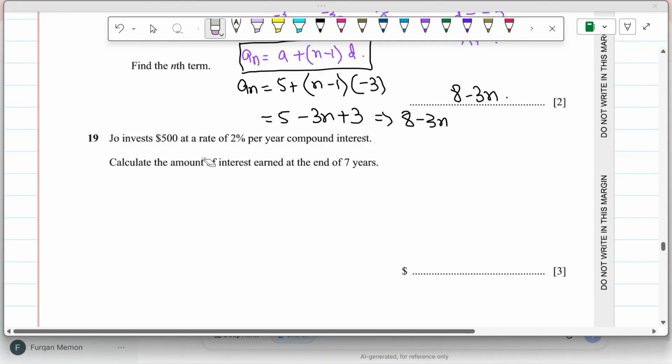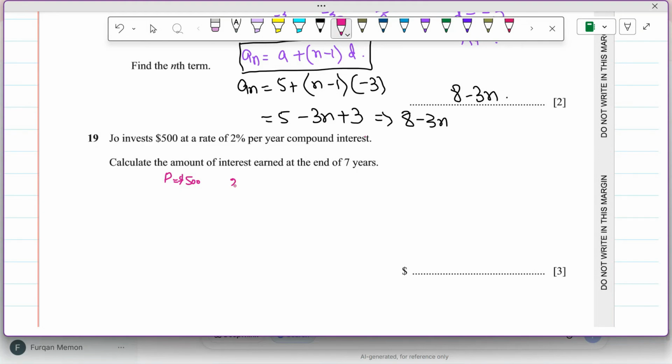Okay, we are going to start question number 19. Joe invests $500 at the rate of 2% per year compound interest. Calculate the amount of interest earned at the end of 7 years. So the principal amount is $500. We have the rate of 2%, and we know that percent is 1 over 100.